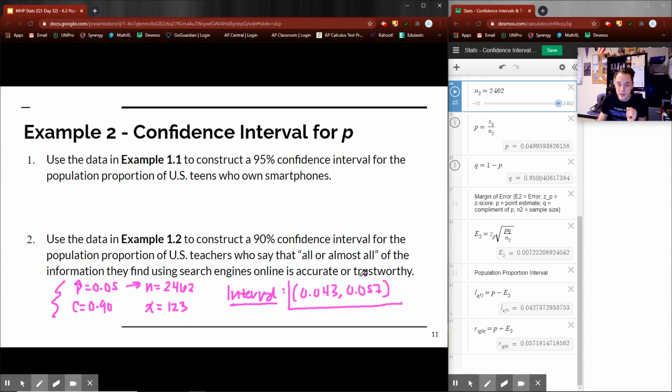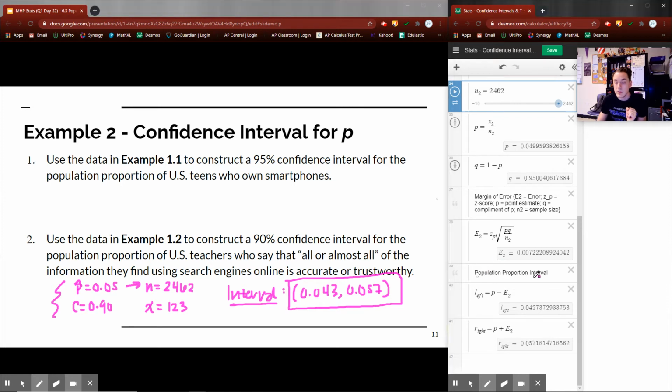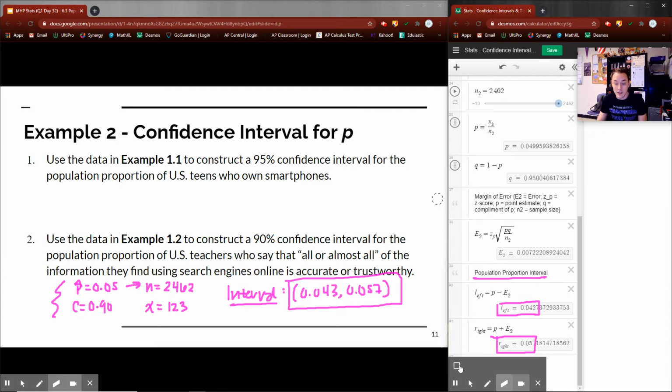That is my confidence interval for my population proportion. So right here, those two. And guys, that's literally it. There's nothing more that you need to do. So as you can tell, these go really fast. Yes, these go extremely fast. Okay, so let's actually go to town on these.